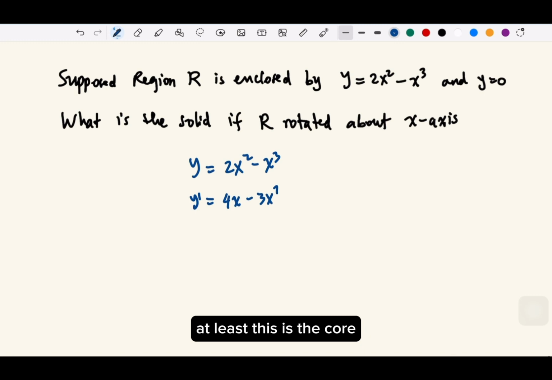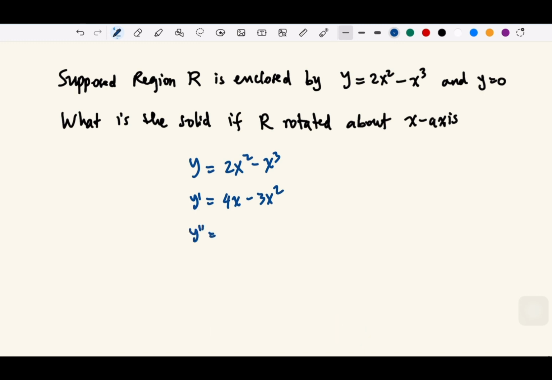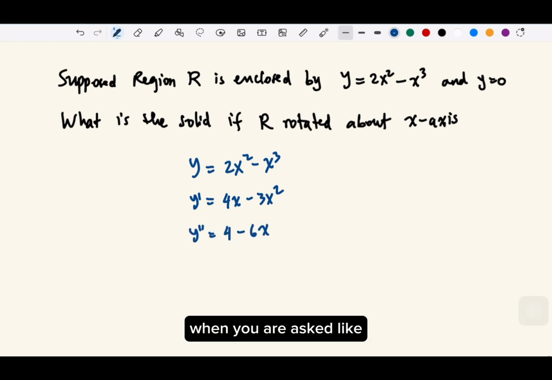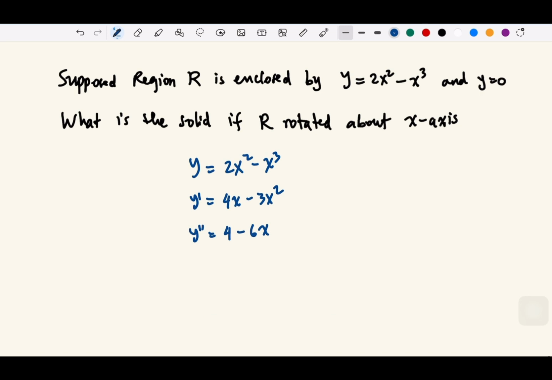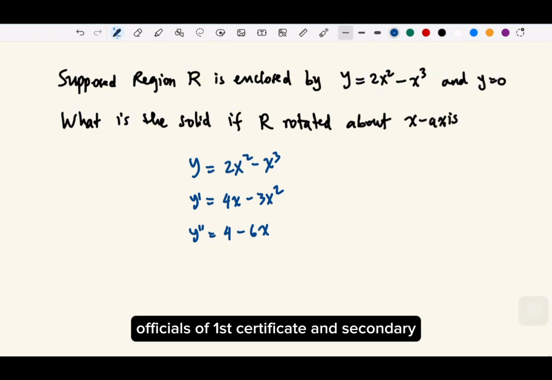At least this is the core principle. When you are asked about sketching a curve in calculus, it means you know the first derivative application and the second derivative application. The other parts, like the asymptote, the intercept, the domain, are additional. But the core principle in calculus for sketching a curve is understanding the visuals of the first derivative and second derivative.